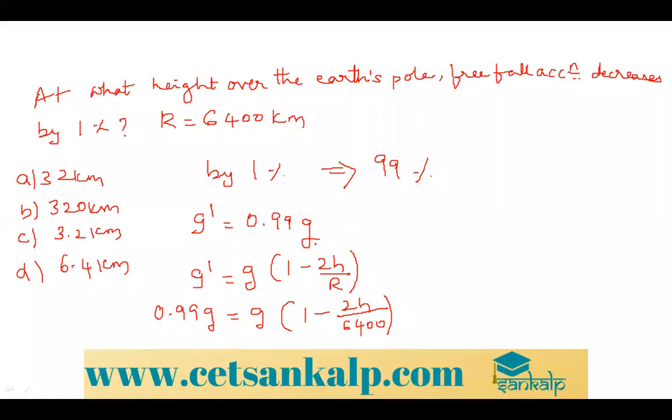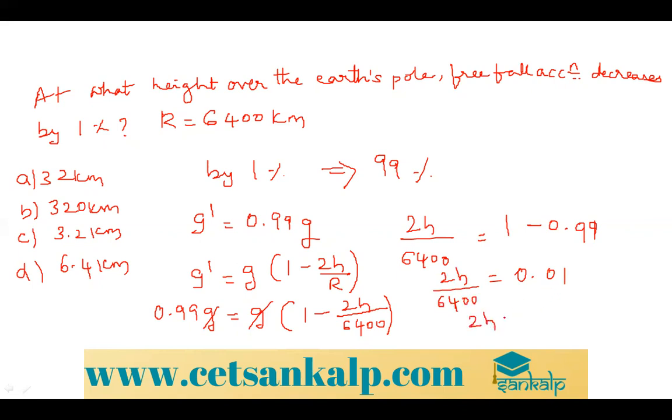So now to simplify further, g and g get cancelled. So I shift 1 minus 2h divided by 6400 to the other side. Then 2h divided by 6400 is equal to 1 minus 0.99, sorry, that becomes 0.01. So 2h divided by 6400 is 0.01.